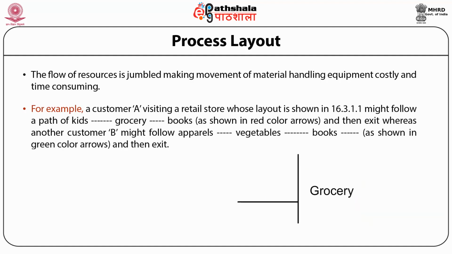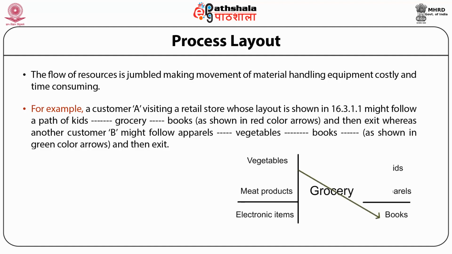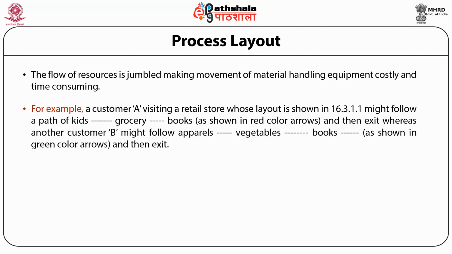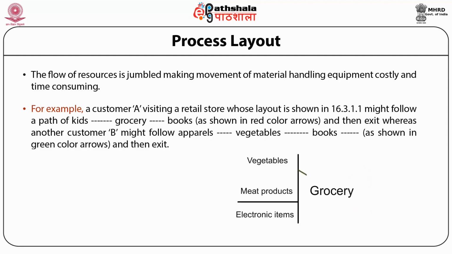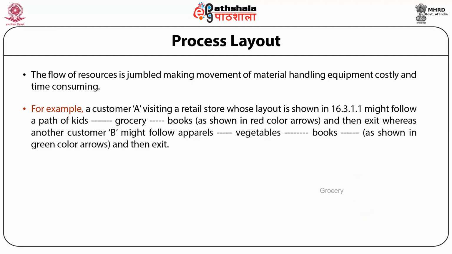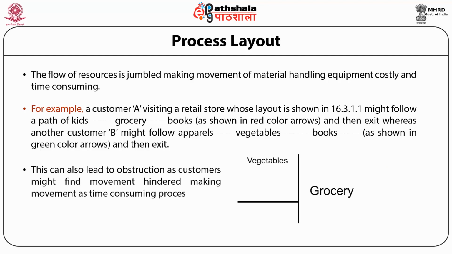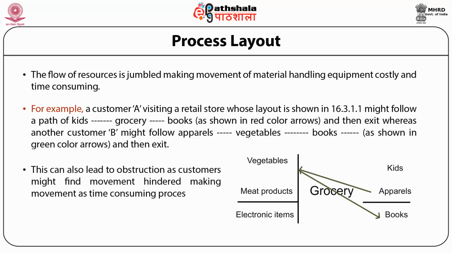The flow of resources is jumbled, making movement of material handling equipment costly and time consuming. For example, a customer A visiting a retail store whose layout is shown might follow a path of kids, grocery, books, and then exit, whereas another customer B might follow apparels, vegetables, books, and then exit.